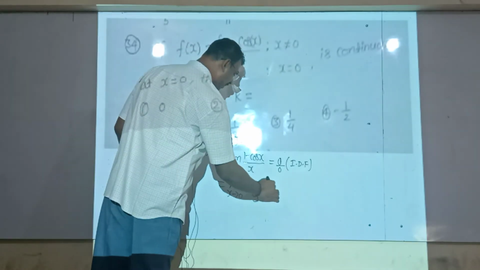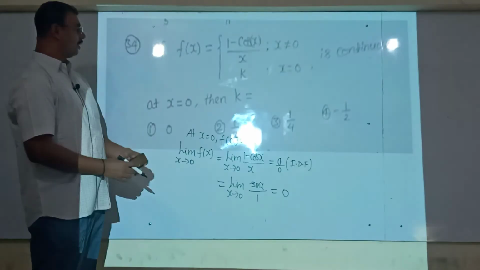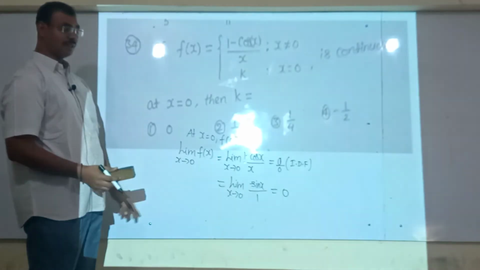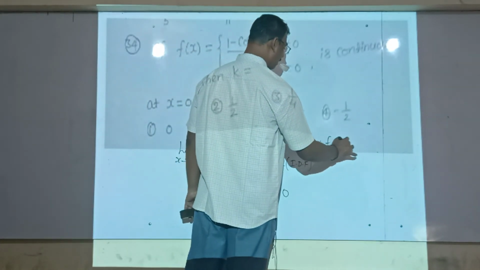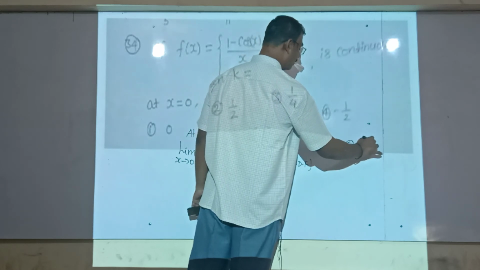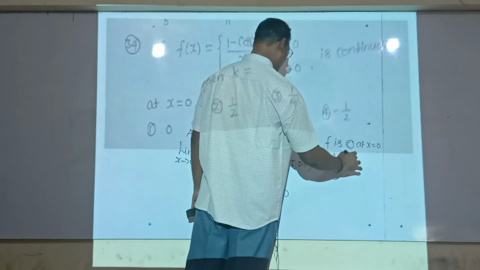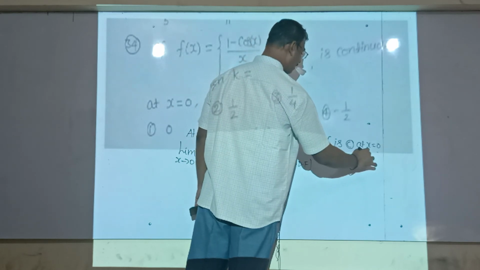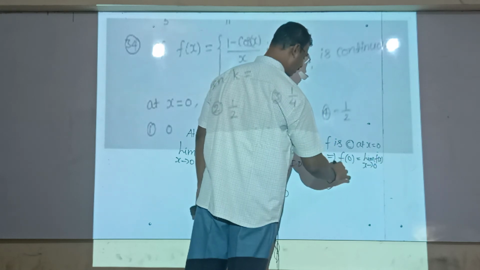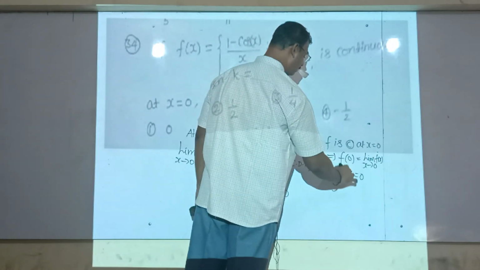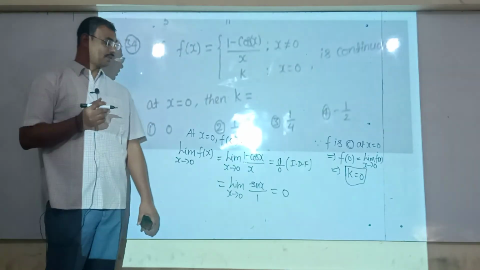Now if you apply the limit, sin 0 is 0. Now since f is continuous at x is equal to 0, this means f of 0 is equal to the limit of f of x as x approaches 0, that is, k is equal to 0 here.